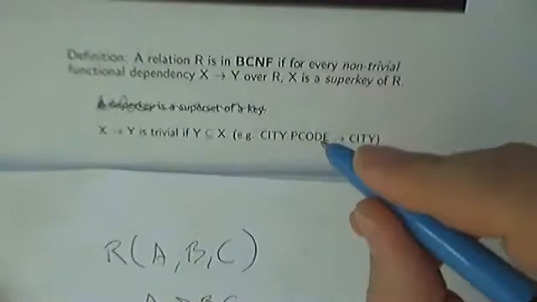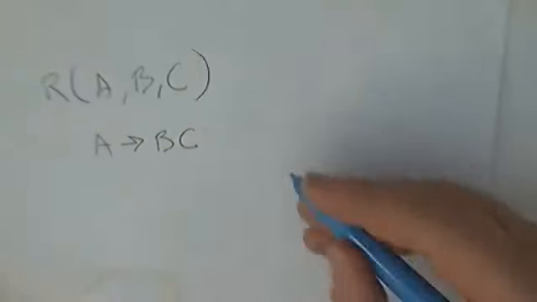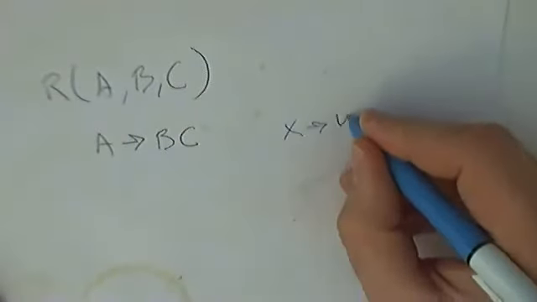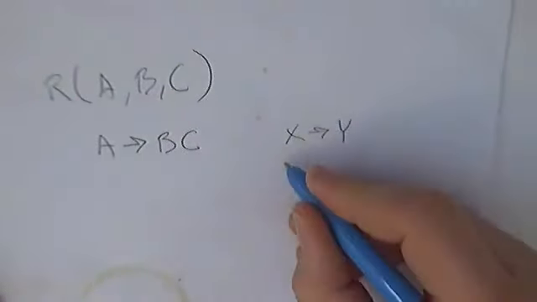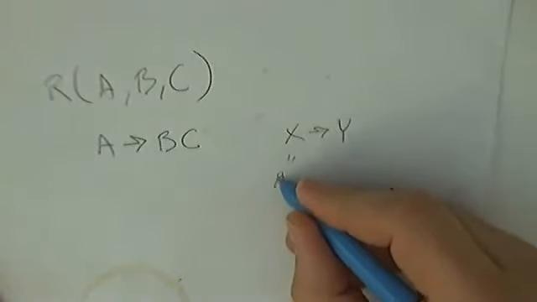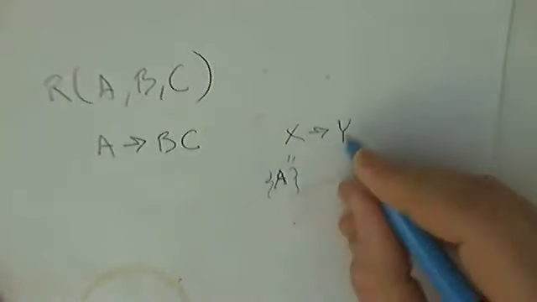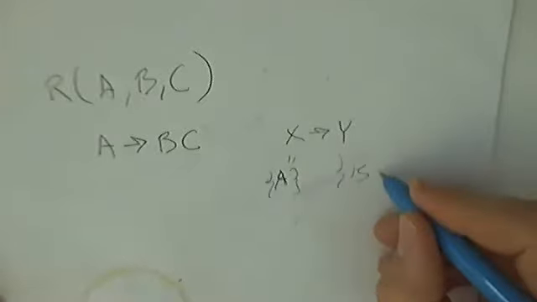For every single one of these that's non-trivial, X has to be a superkey of R. So this right here is X goes to Y. X in this case is equal to A, and Y is equal to BC.